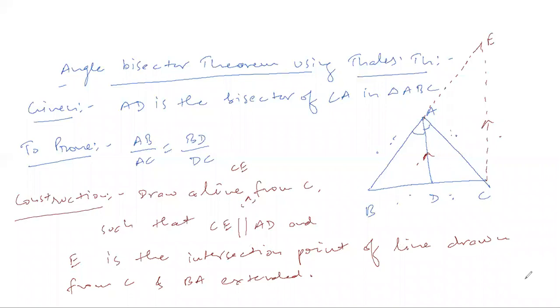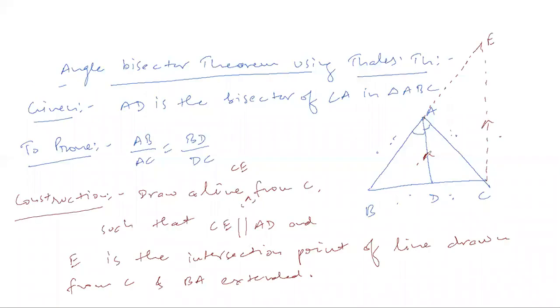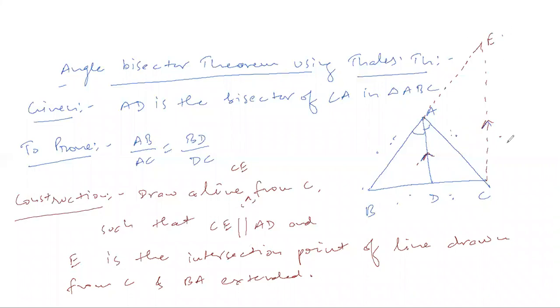Now we are going to prove it. Let's see how we can prove this. See what we are given, that AD is parallel to EC. In which triangle is this happening? These two sides are in which triangle? In triangle BEC, AD is parallel to EC.